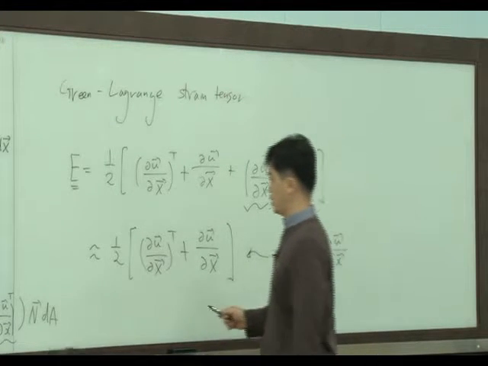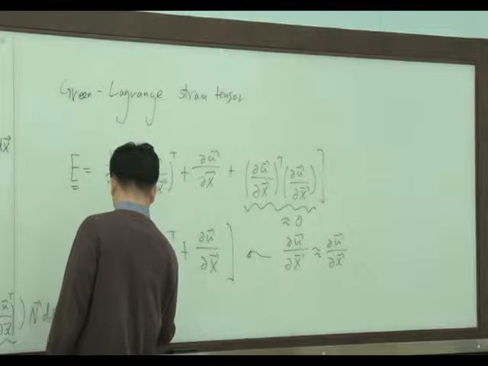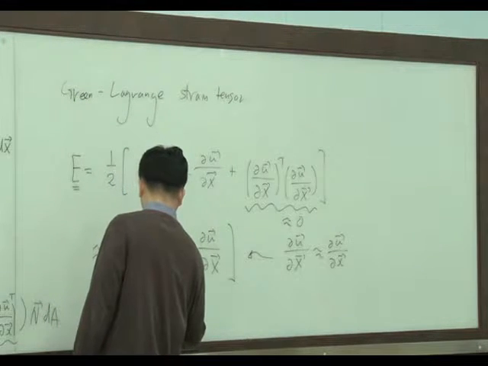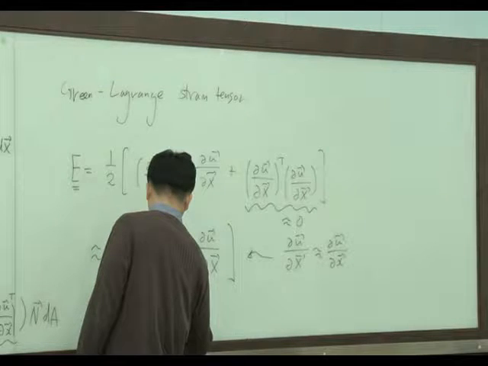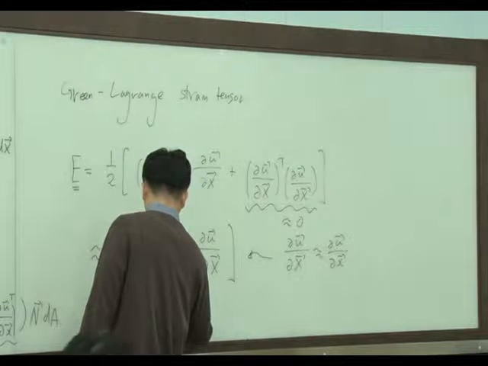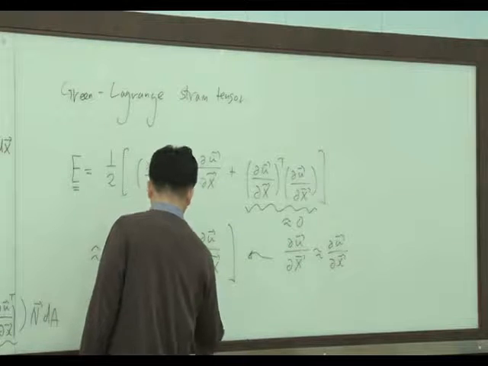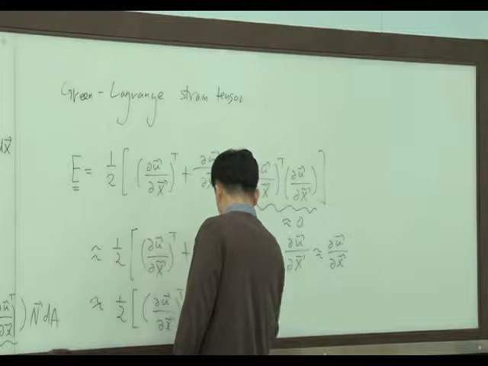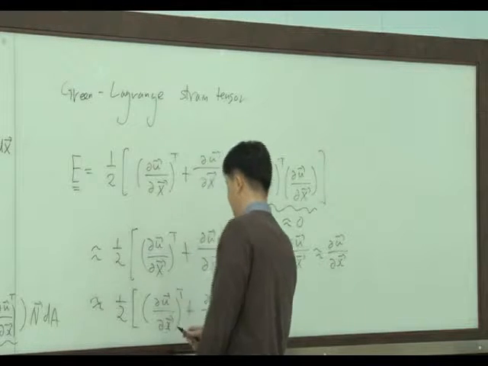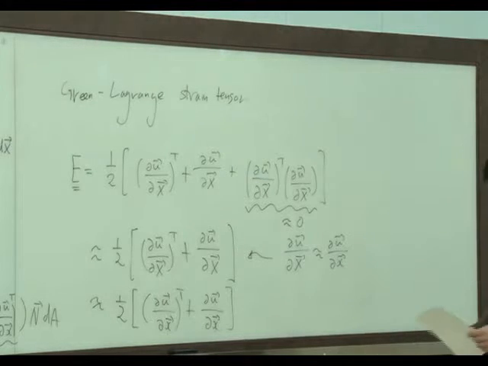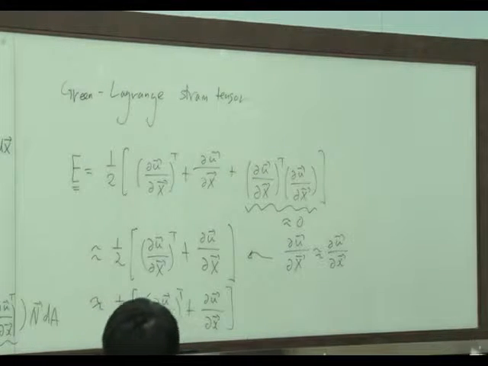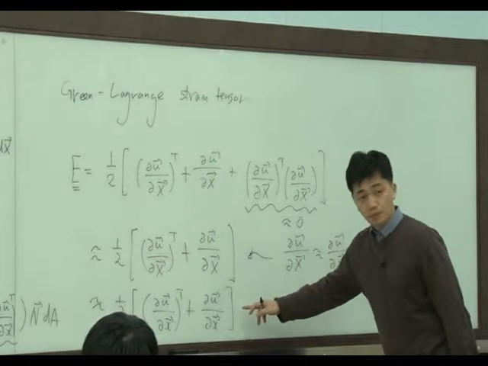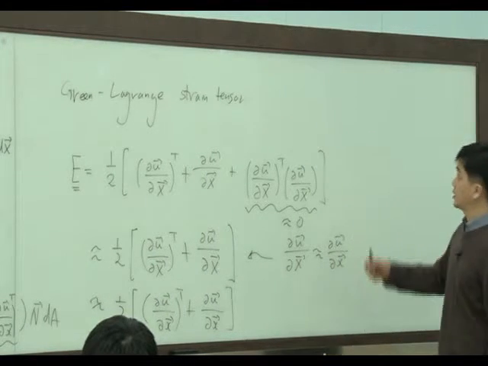Then we can write down this equation for the current configuration: gradient of U transpose plus gradient of U. So this is a very well known small strain.